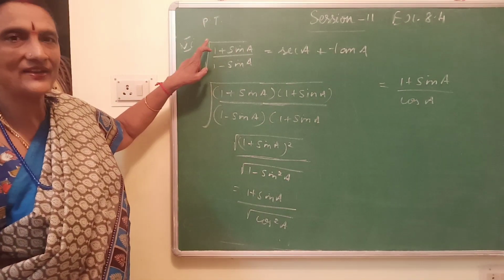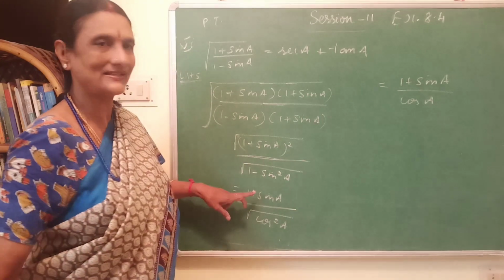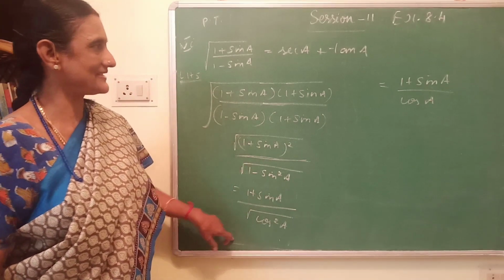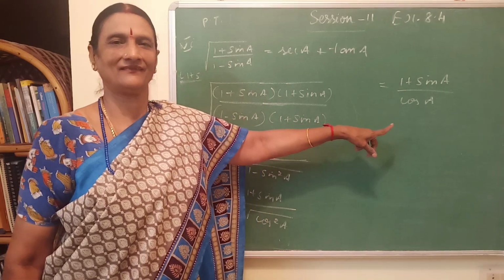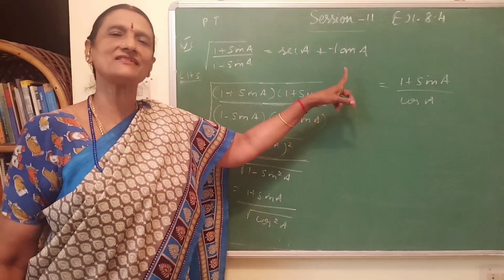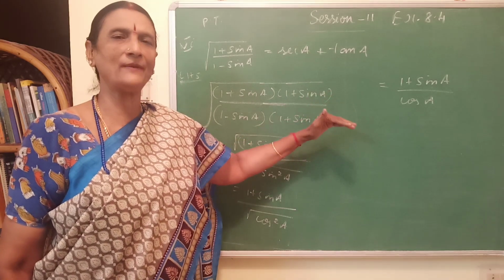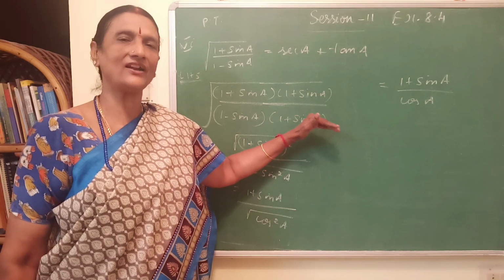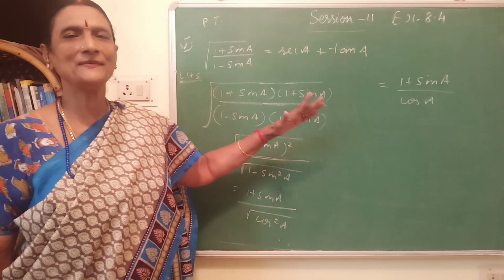See, once we started with the root, by our conjugation method and then using the identity, we have got some terms without the root sign. So that is the technique that we have used here. Always you have to be very familiar with the identities and also certain simple techniques which will help you to solve the problems easily.